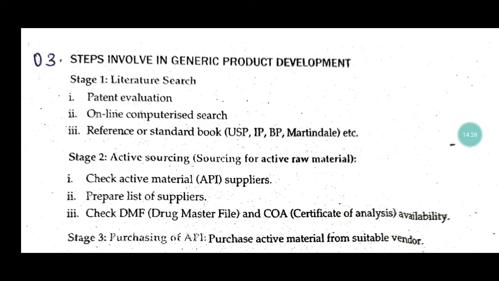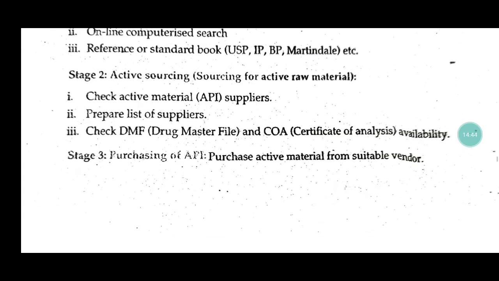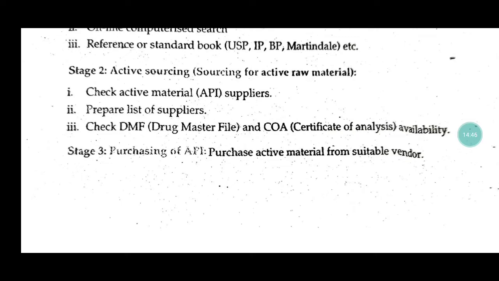The first stage is the literature search, patent evaluation, online computerized search, references or standard books. Stage 2, active sourcing, like active material prepared list for suppliers and check DMF, that is drug master file.